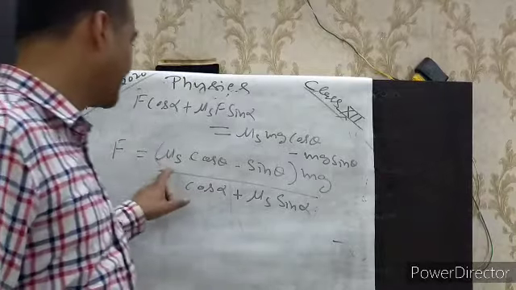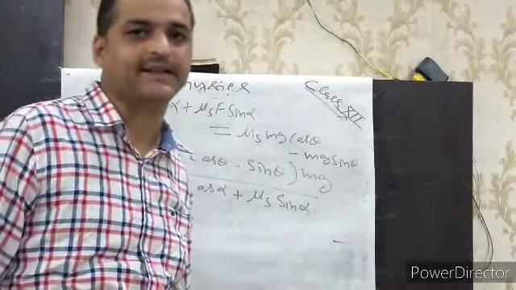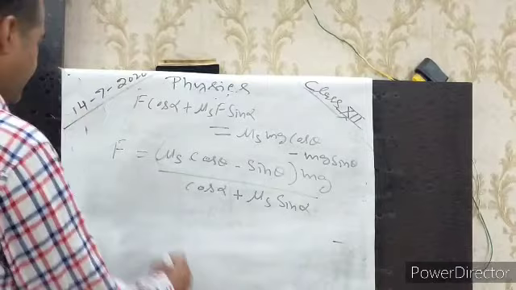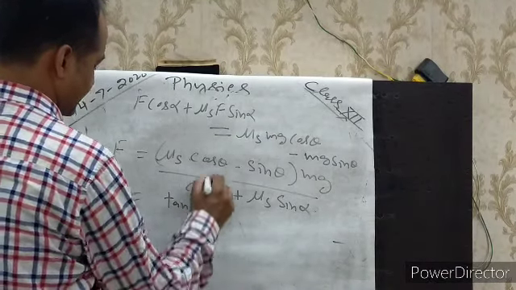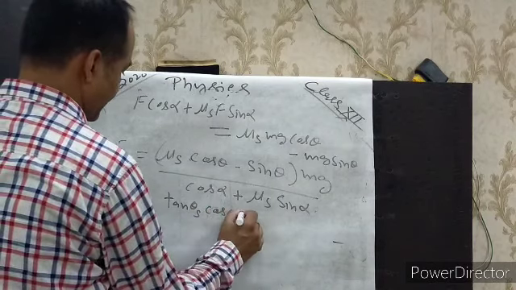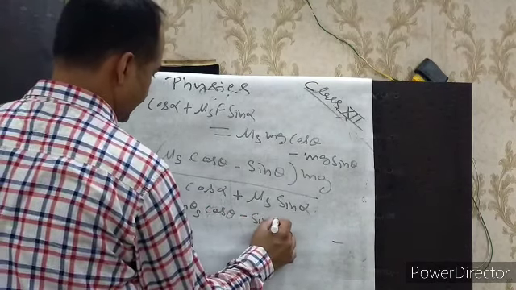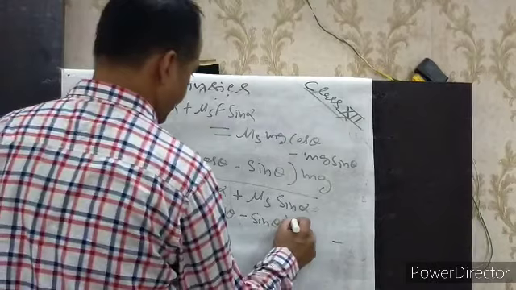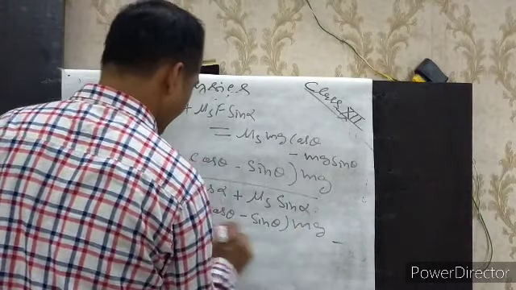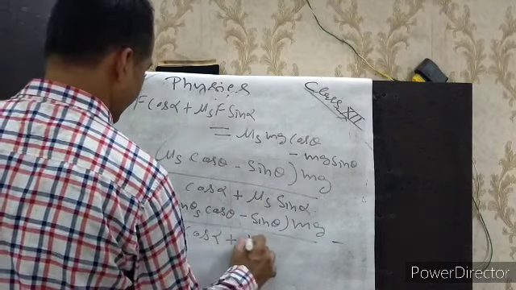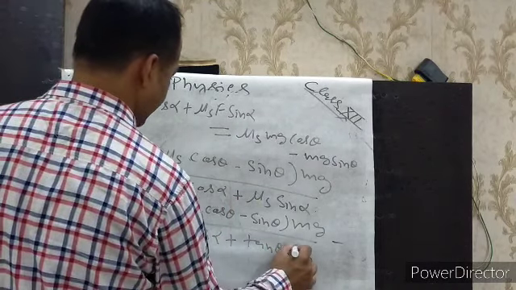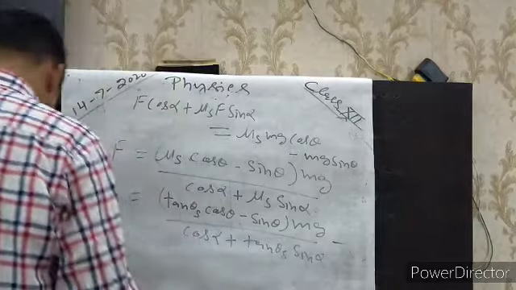Now what is mu s? Mu s is equal to tan theta s. Then substitute tan theta s, cos theta minus sin theta into mg upon cos alpha plus tan theta s sin alpha. Clear?